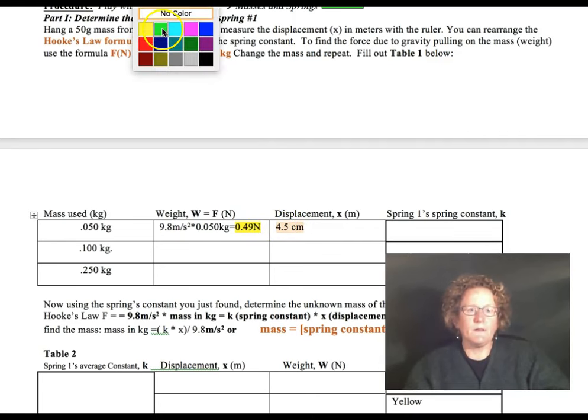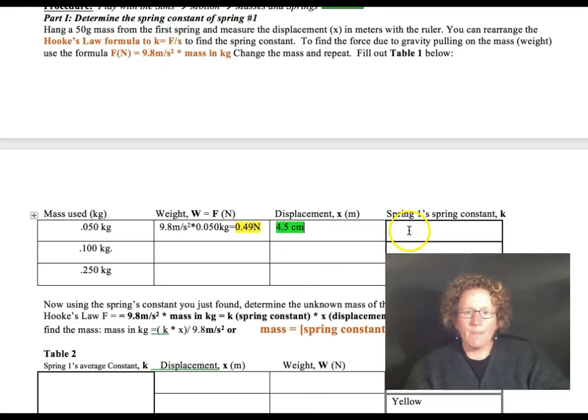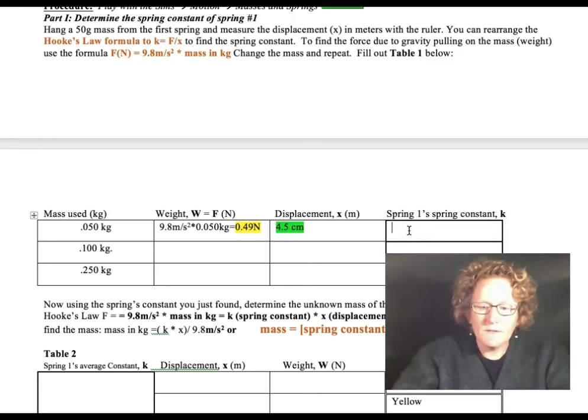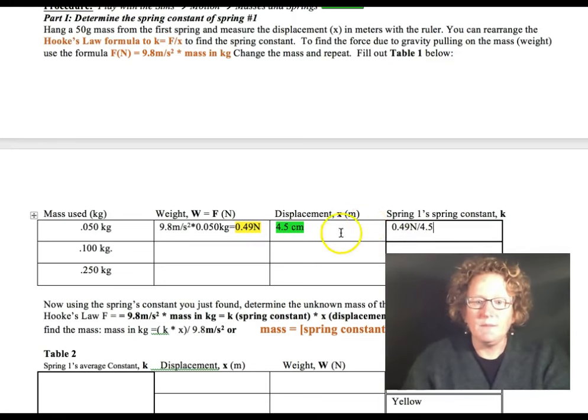We'll make that another color. So force, 0.49 newtons, divided by displacement, 4.5. Oh, I need to put that in meters.